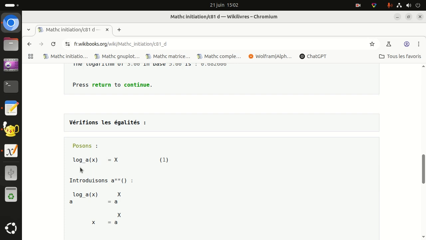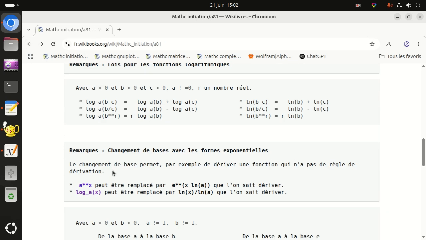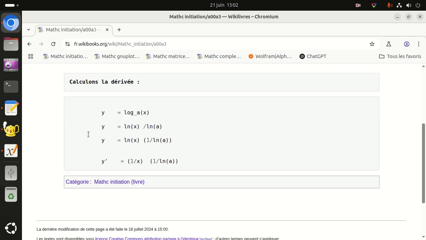In this copy, you can find this equality, and here you can verify my work on the screen when I want to derive this function that I was not able to do. But if I use the ln function, I can derive this function in this way. Thank you.